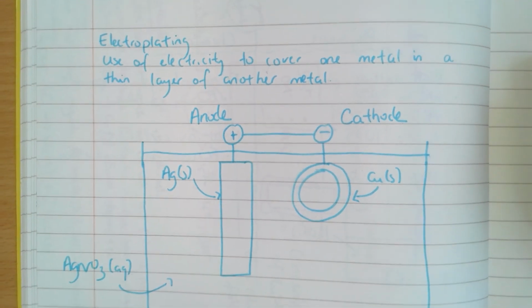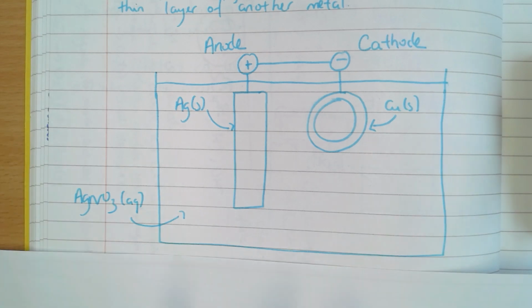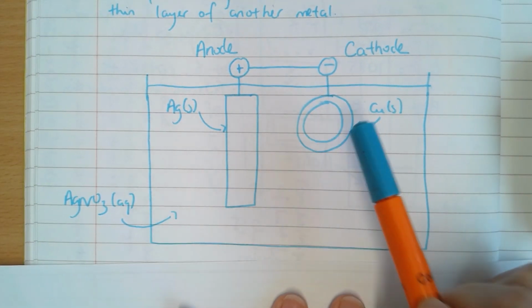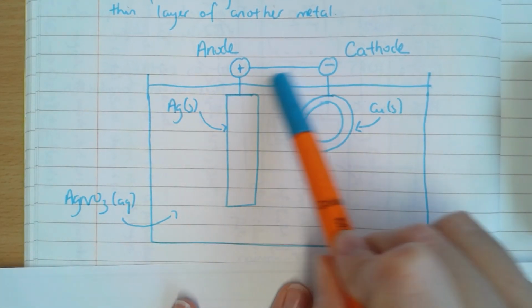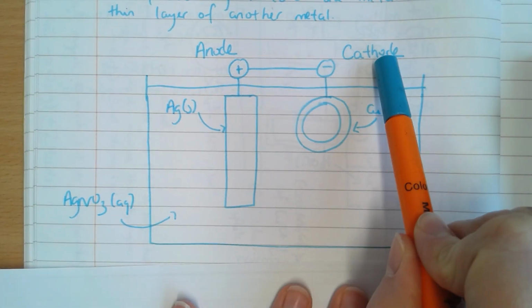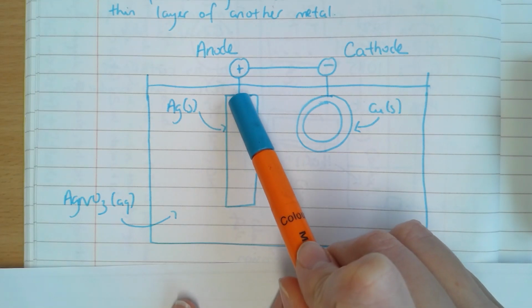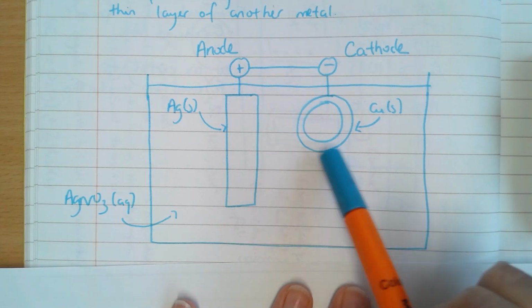All right, so this is my little setup. Let's say, for example, I want to coat a copper ring in silver. I'm setting it up just like I would electrolysis. I've got my battery because I need to generate electricity. Positive is my anode, negative is cathode. At the anode, I have put my piece of solid silver, and we'll see why. And on the cathode, I have got my copper ring.